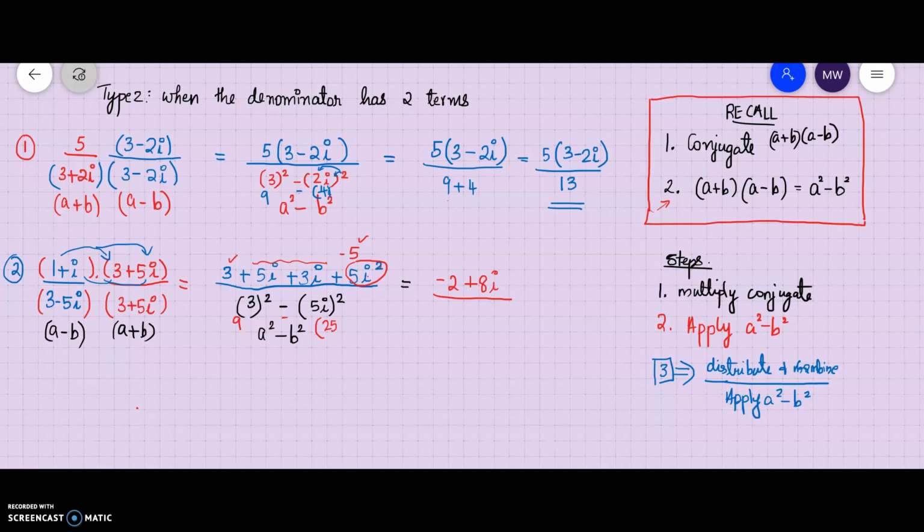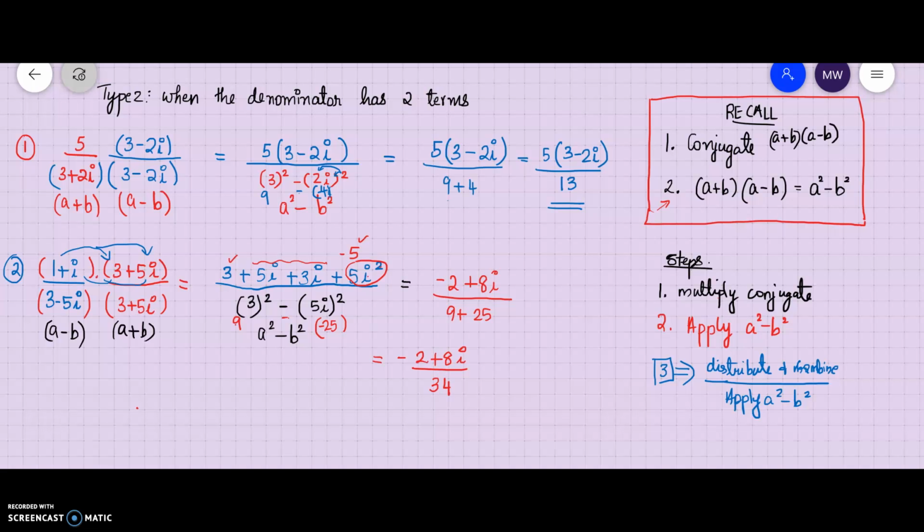When you square the i, it becomes negative 1. So this becomes a negative 25. So 9 minus negative 25 becomes 9 plus 25. So we get our answer as (negative 2 plus 8i) over 34. 9 plus 25 is 34.